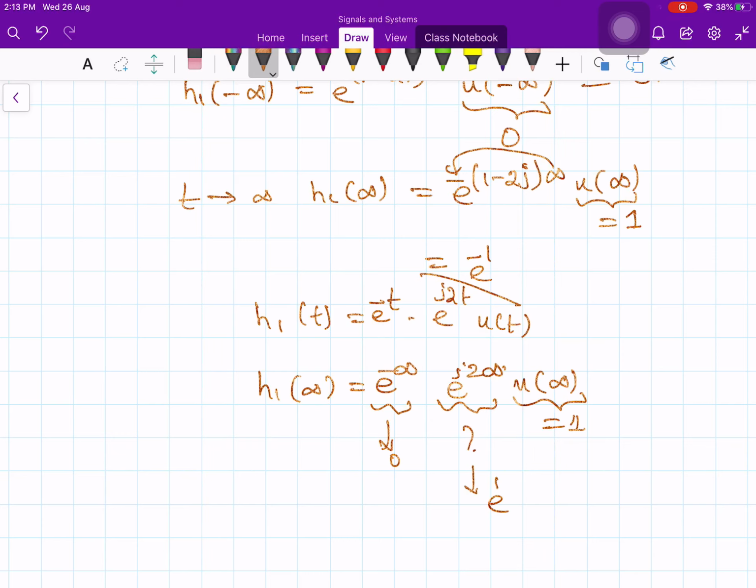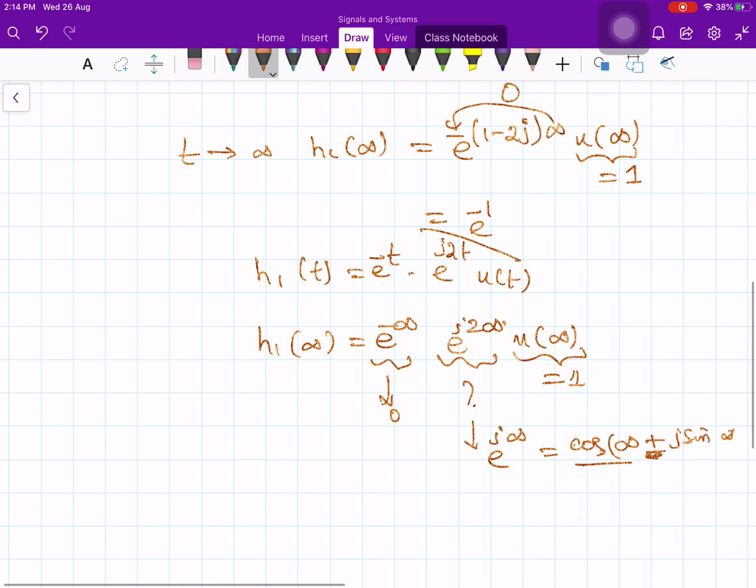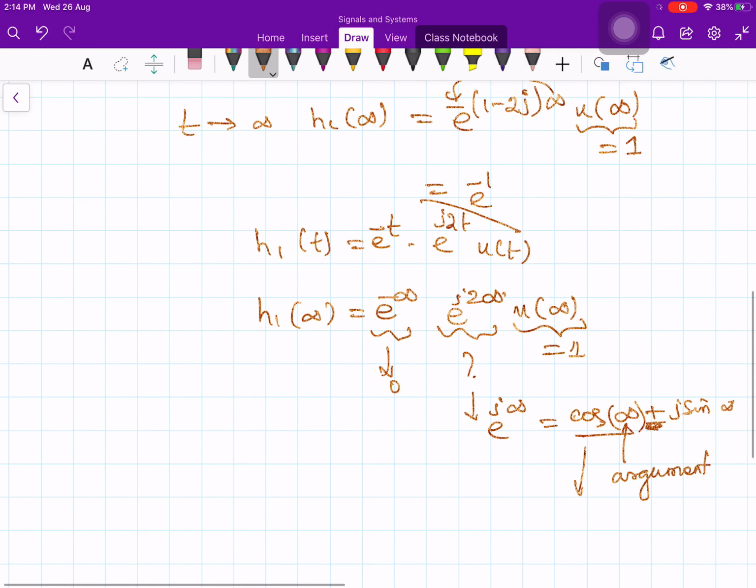We know the formula: cos of infinity plus j times sine infinity. What is cos infinity? Whatever the argument you put here, it doesn't matter whether you put infinity or 0, it is an oscillating function. It keeps on oscillating between plus 1 and minus 1. So this always gives a finite value, and sine also always gives a finite value. So this is going to be a finite number.